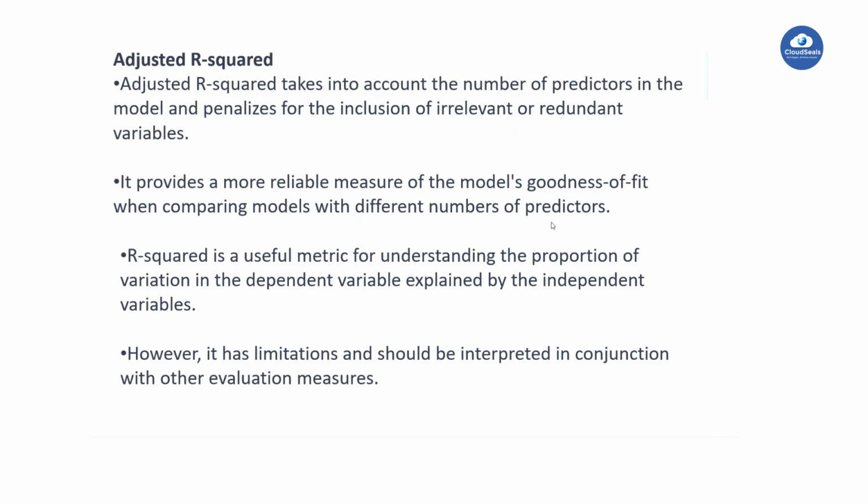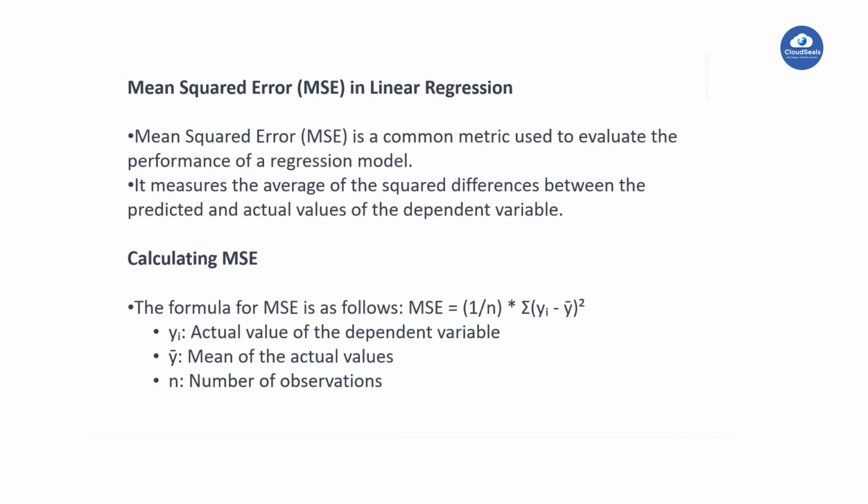If we have a lot of predictors, then this adjusted R square value gives reliable measurements. R squared is a useful metric for understanding the proportion of the variation in the dependent variable explained by the independent variables. So its limitations should be interpreted in conjunction with other evaluation measures. Due to this drawback, we sometimes go for other measurements to evaluate the model.